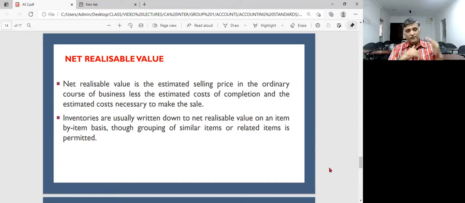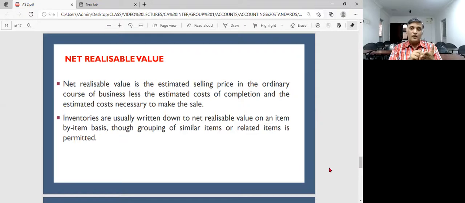A, B, C are 3 different items which are unrelated, right? Now, very important, you cannot group the cost of A plus B plus C, and you cannot group the NRV of A plus B plus C and then do a verification and a calculation there. No. You need to go item by item.